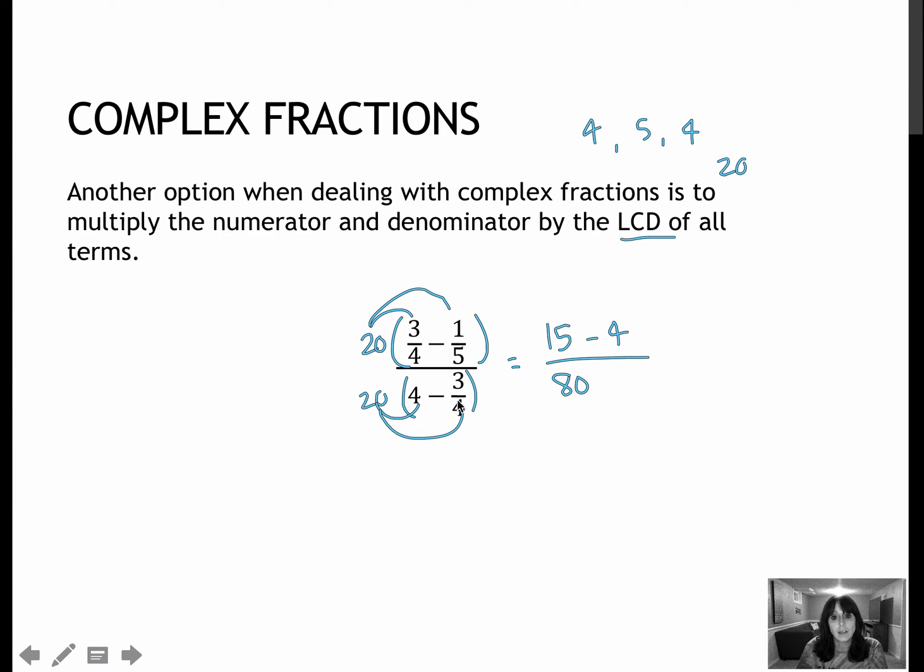And then 20 times 3 is 60, divided by 4 is 15. And so now I don't have any fractions in the numerator or the denominator. 15 minus 4 is 11. And 80 minus 15 is 65, and I'm pretty sure that was the answer that we just had on our other page, 11/65. So same answer, kind of a nice little trick. If you take everything by the LCD, that means all of the fractions end up going away.